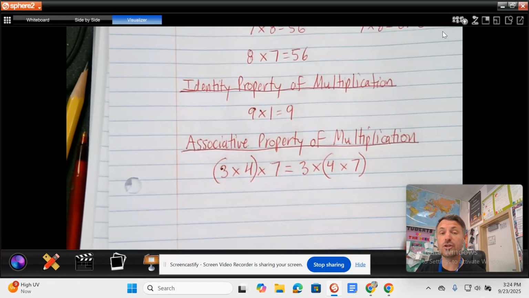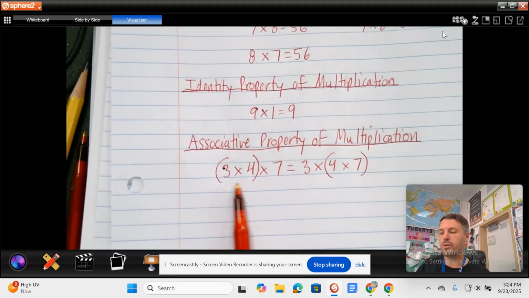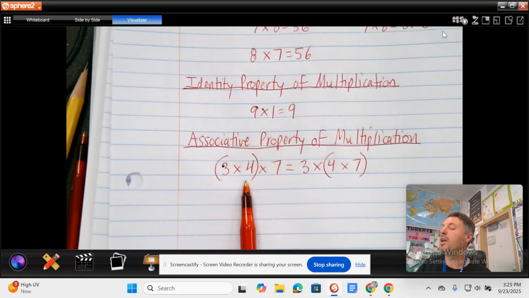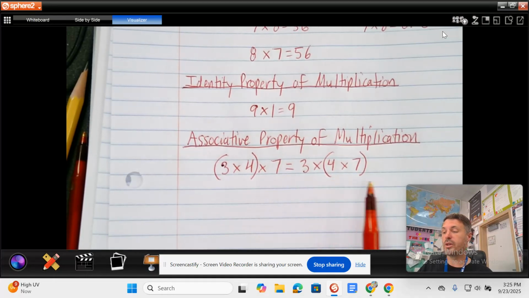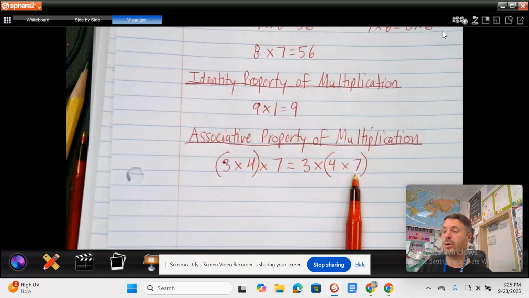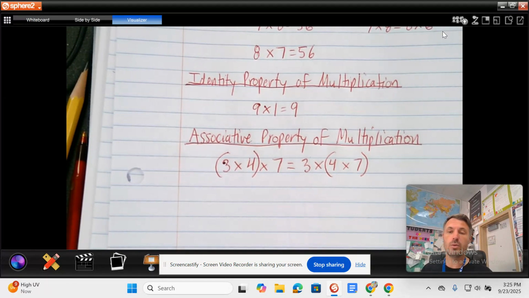The parentheses change the order in which you multiply because you always do what's in parentheses first, but it doesn't change the answer. See here, following the order of operations, we would do what's in parentheses first. We would do 3 times 4, and that's 12. Then we'd multiply that by 7, and we'd get 84. Here we'd do 4 times 7 and get 28, and then we'd multiply that times 3 and get 84. Either way, we get 84.